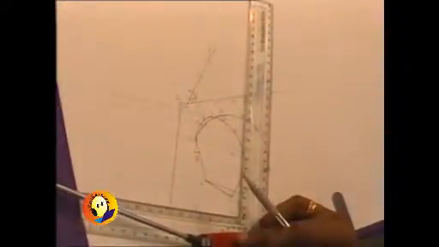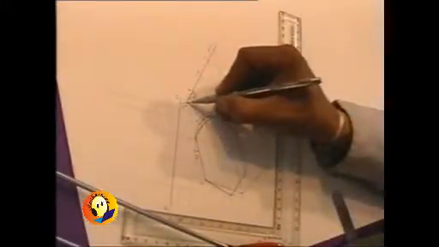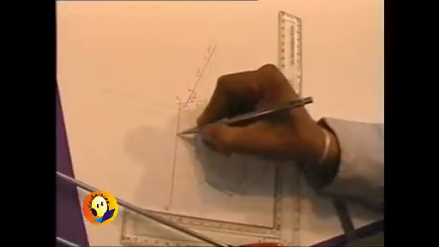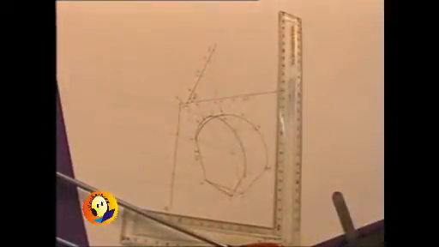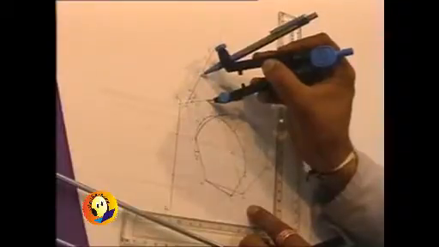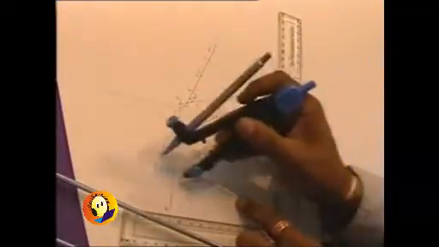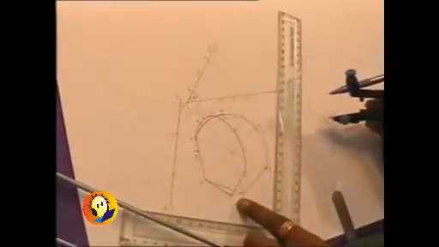And as we draw these projectors, we are required to mark the points. A dash and B dash were on XY, so we get point A as well as point B. Then for point C, this is the distance of point C from XY, and so on the projector of C, mark the point. This will be point C dash.